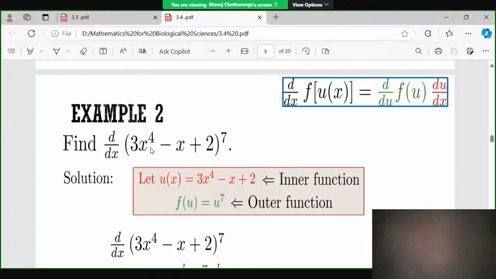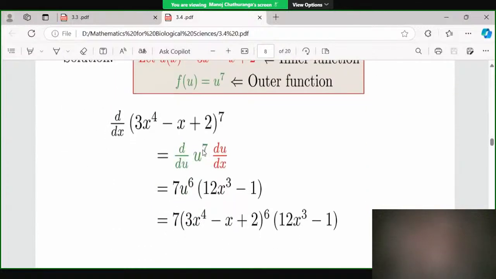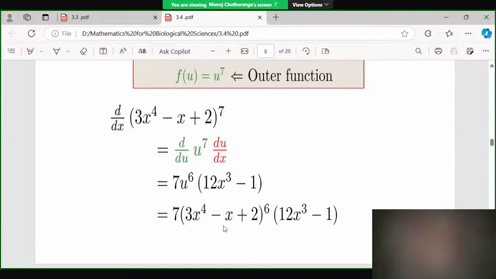3x to the fourth power minus 6 plus 2, raised to the seventh power. The seventh power is the outermost function, and the inner function is 3x to the fourth minus 6 plus 2. To differentiate this, we first differentiate the outer function, keeping the inner part as it is.